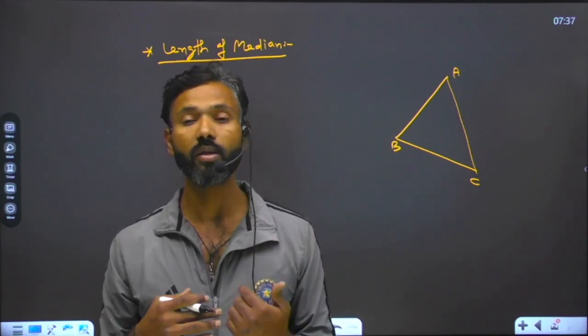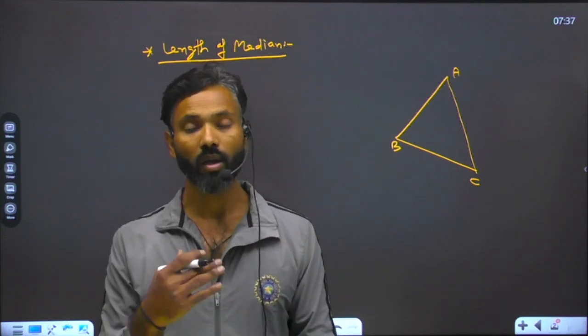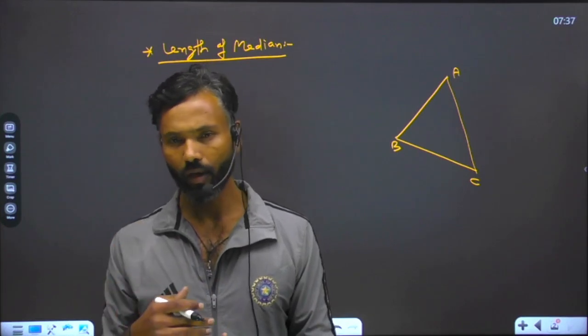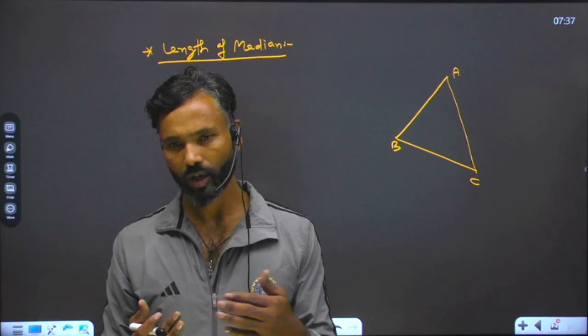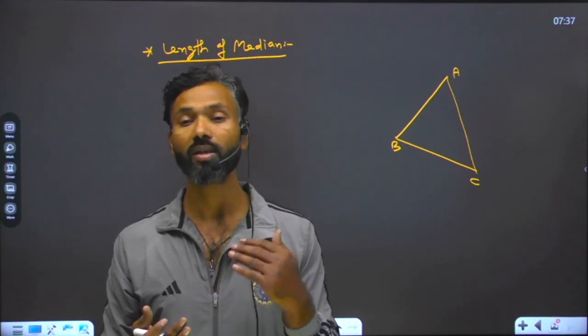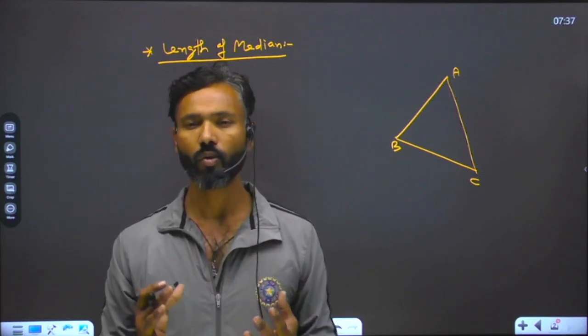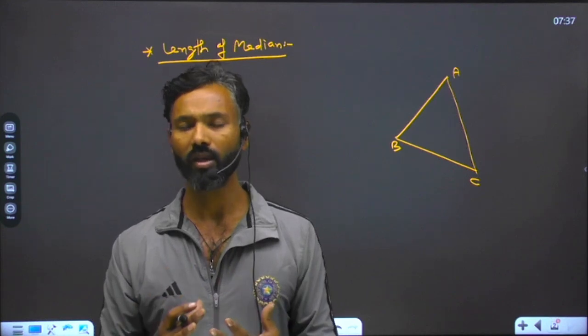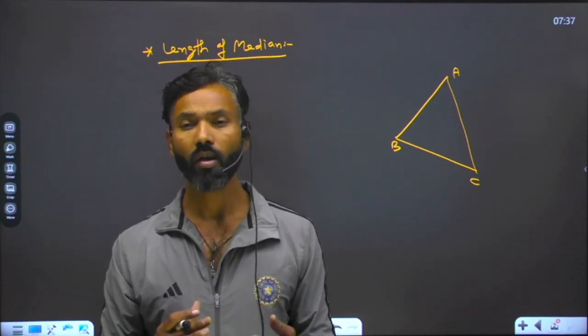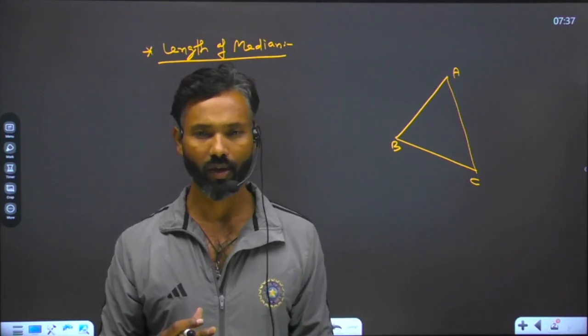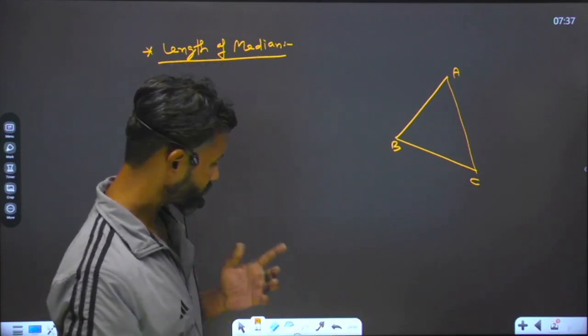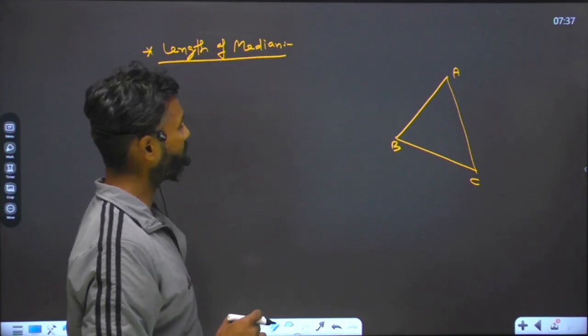If the examiner asks about the length of the shortest median, we have to think that the shortest median will be dropped on the largest side. These are very common and simple things you have to apply whenever you simplify the question. Now we are going to calculate the length of the median.